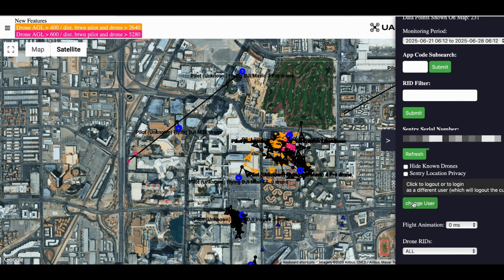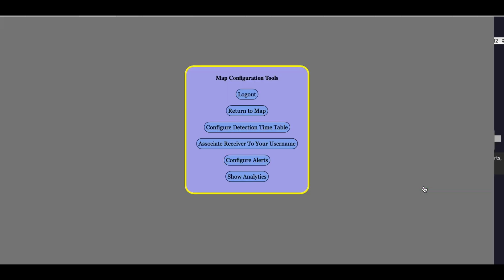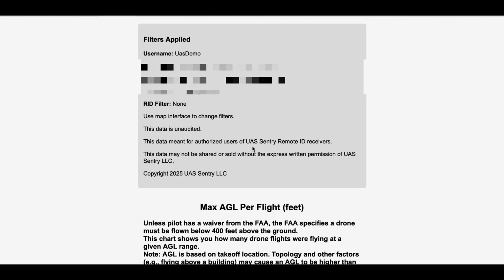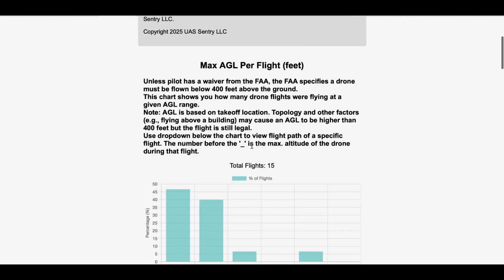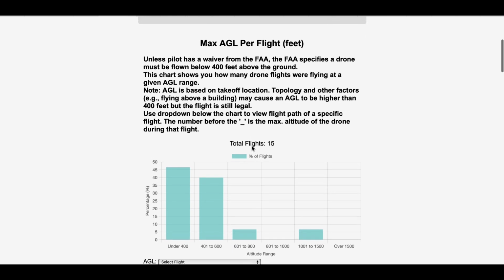To get to analytics is pretty straightforward. You just go to more settings and log out and select show analytics, and then you'll get a bunch of histograms, assuming you've got permissions for analytics. The first one is the max AGL per flight.